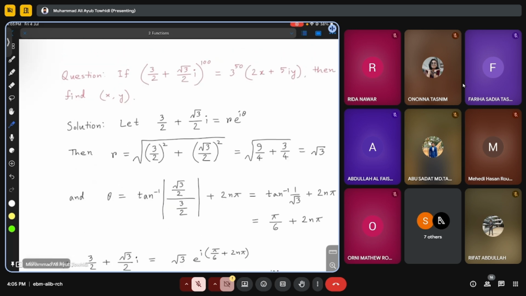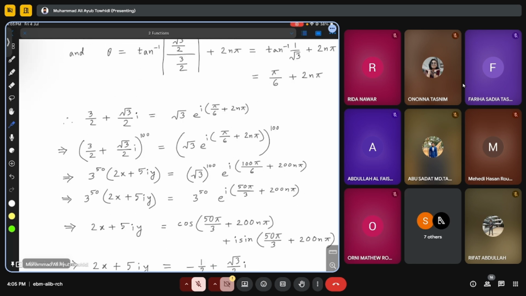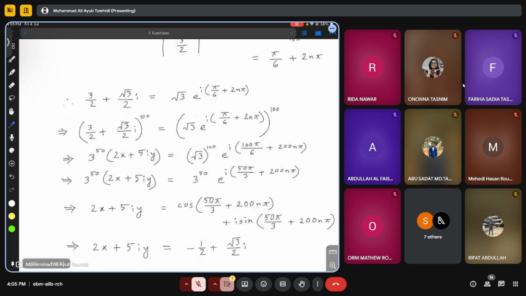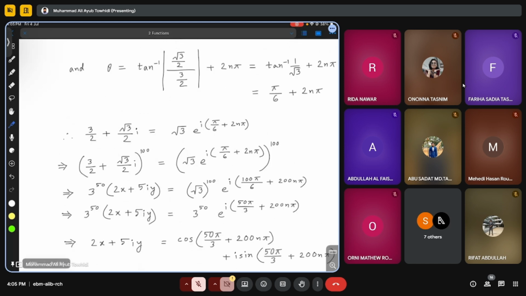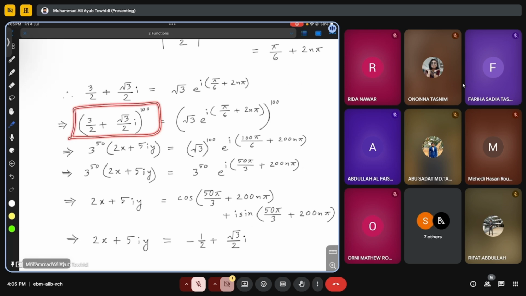Now there is 100. Just put the power 100 on both sides. So root 3 to the power 100 will become 3 to the power 50, right?